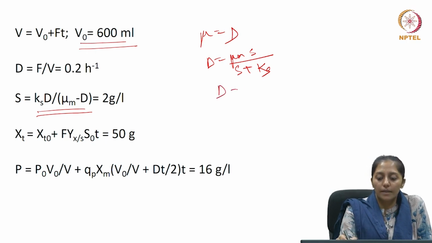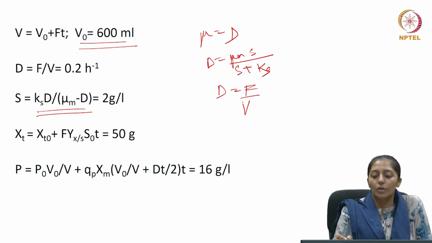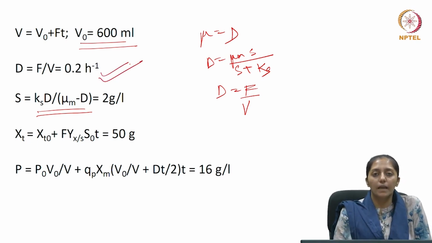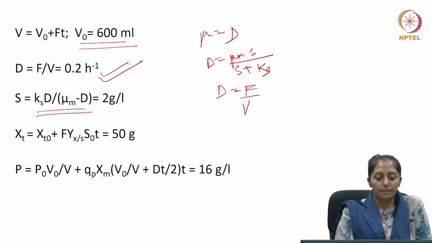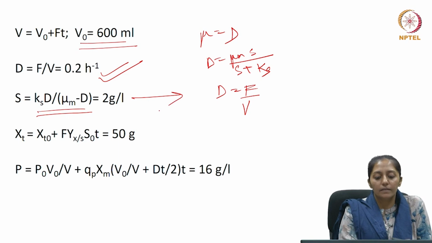The dilution rate is F by V. So volume at t equals 2 hours is 1000 ml, F is 200. Then we can find the dilution rate at 2 hours. If you substitute, you get the substrate concentration after 2 hours of the quasi steady state.